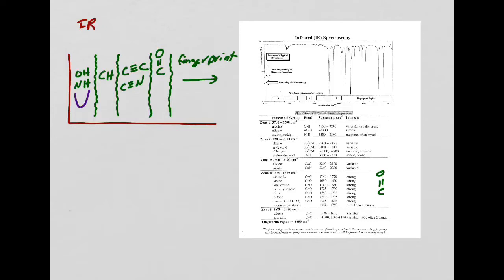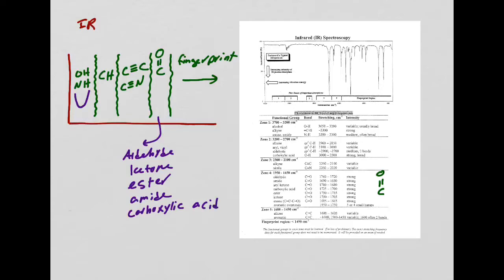And then you remember that if you do have a carbonyl, then you have to eliminate. Do I have an aldehyde? Do I have a ketone? Do I have an ester? Do I have an amide? Do I have a carboxylic acid? You can eliminate some of them based on the IR.